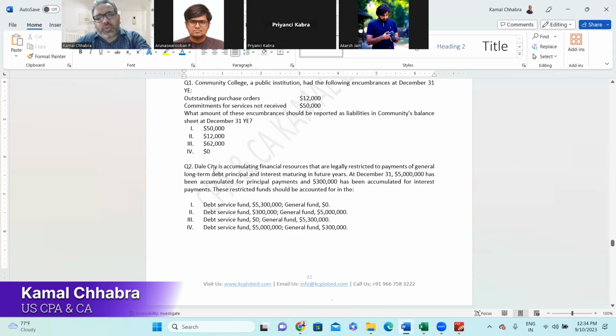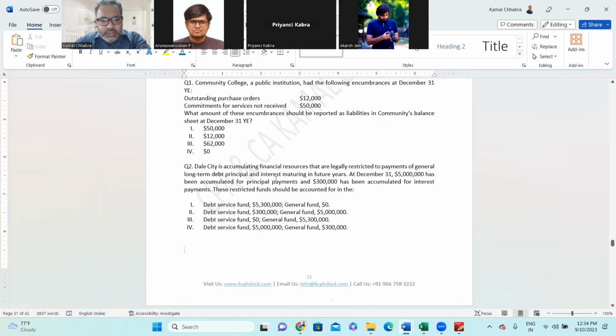So the call of the question: Delhi City is accumulating financial resources that are legally restricted to the payment of general long-term debt principal and interest maturing in future. At December 31st, $5 million has been accumulated for principal and $300,000 for interest payment.